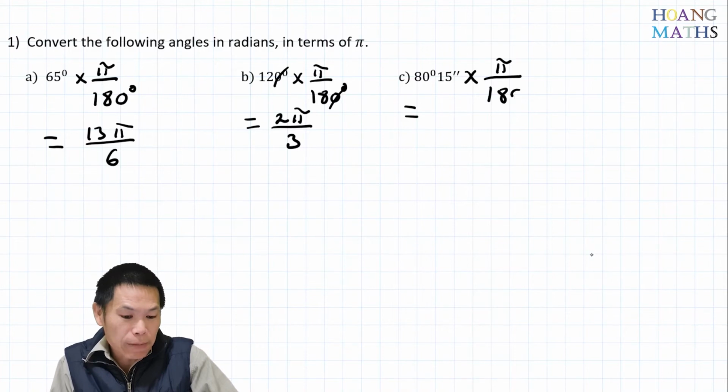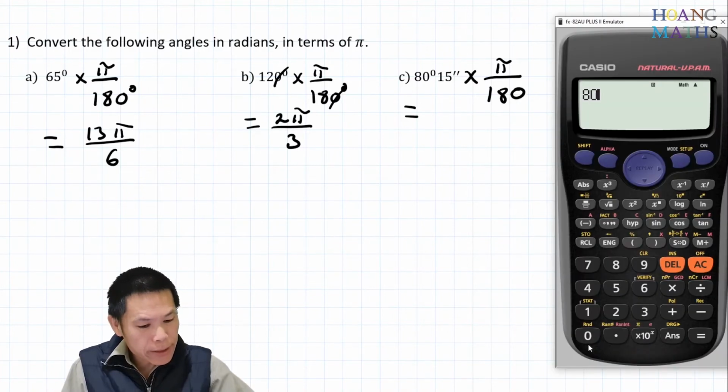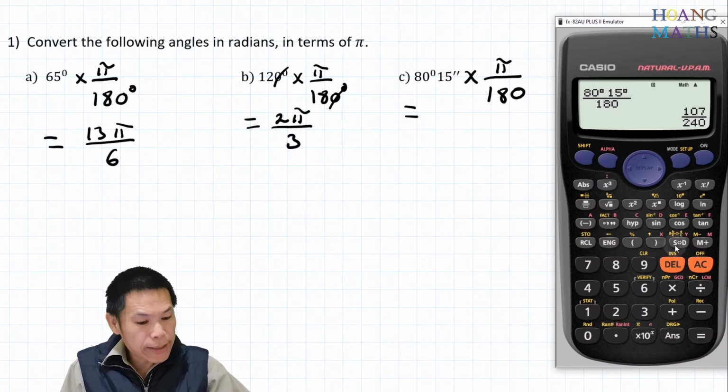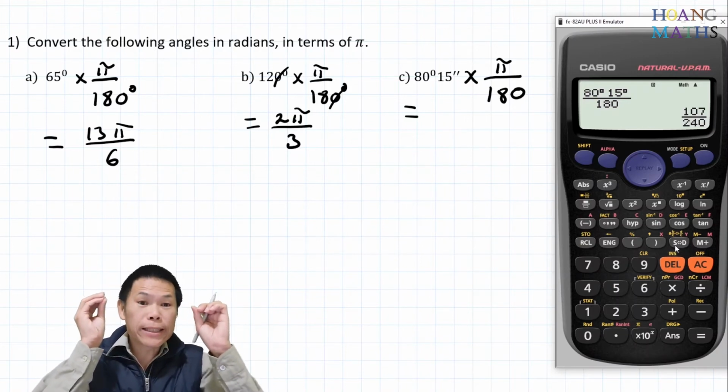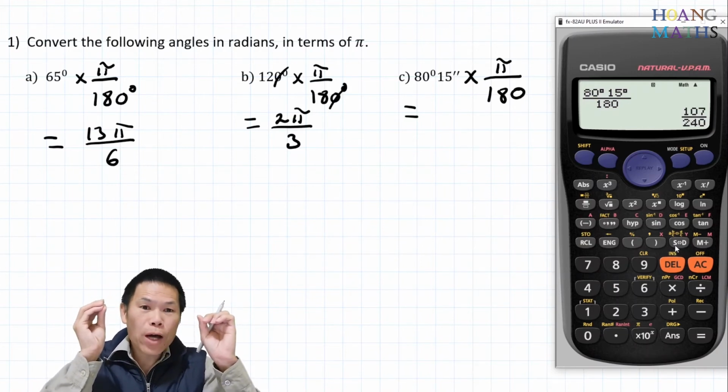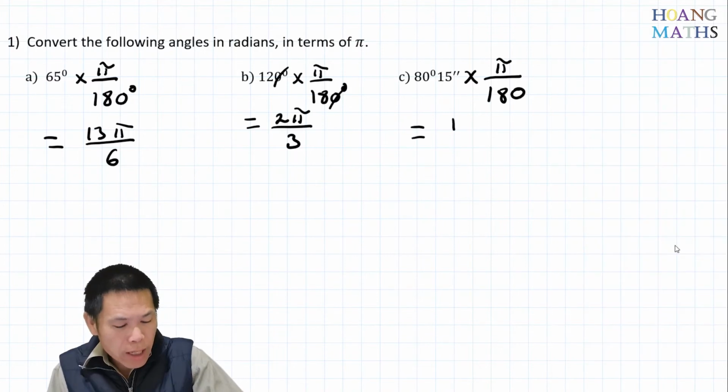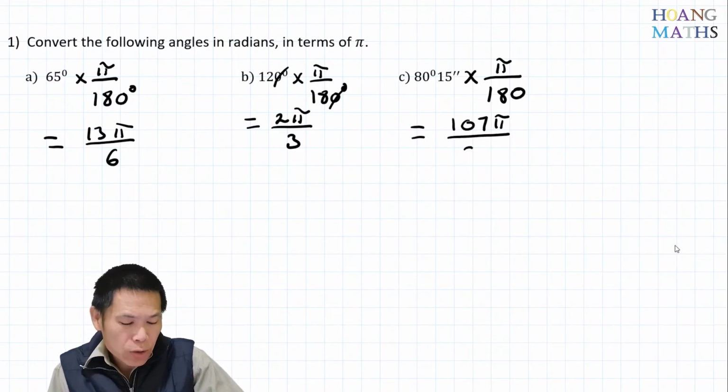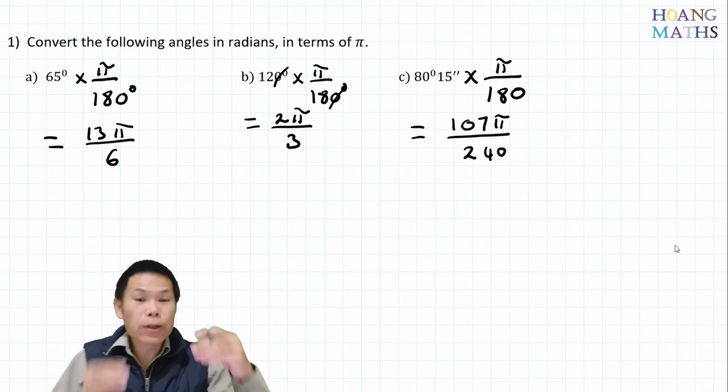So 80 degrees and 15 minutes over 180 and equal, and I press the SD button. So 107 pi over 240. There you go.